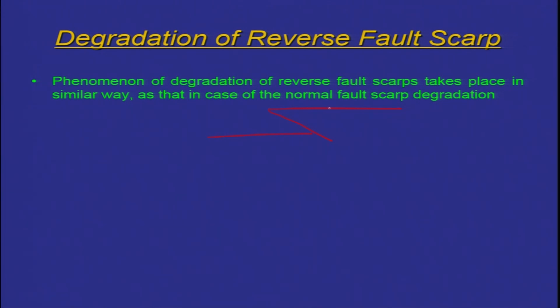The scarp will become stabilized when it reaches the angle of repose. So you have something like 30 degrees or so, then it will be stabilized, and you will have the deposition of the colluvial wedge and the wash slope material and all that. Very much similar to what we discussed during the normal faulting environment.